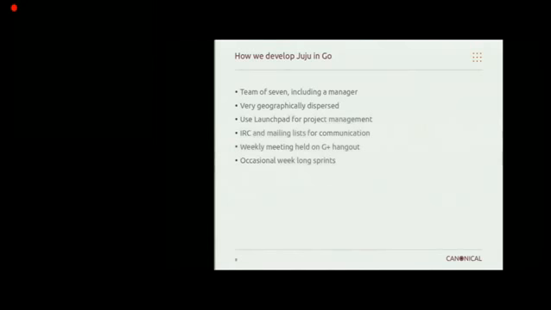Lots of discussion on IRC, lots of discussion on the mailing list. We do a weekly Google Plus Hangout, which had to be put back two hours for this event. And we do occasional week-long sprints. Last month, we met up in Europe, locked ourselves in a hotel conference room, and just hammered on Juju for a week.